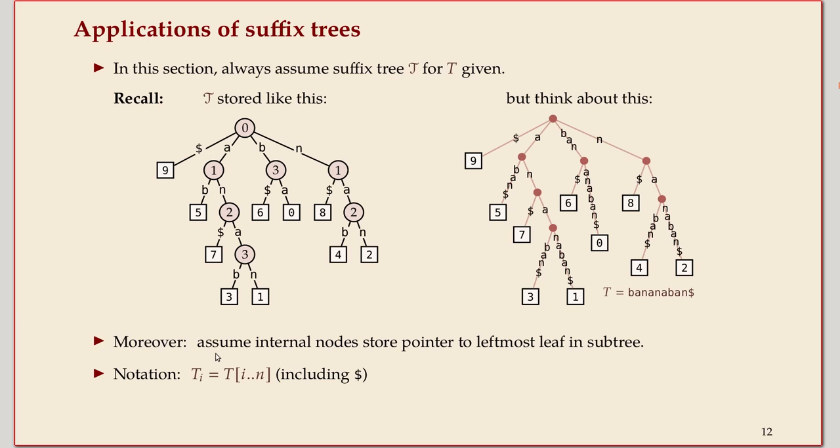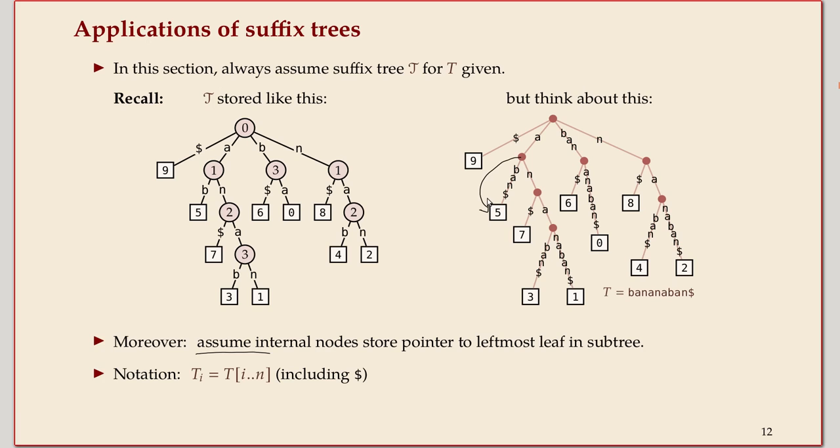There's a slight technicality that's not very important, but for some of the statements to be true, we assume that every internal node has a direct pointer to one of its leaves. It could be, say, the leftmost in the subtree. So it's fine for this one. That would just be the parent pointer.